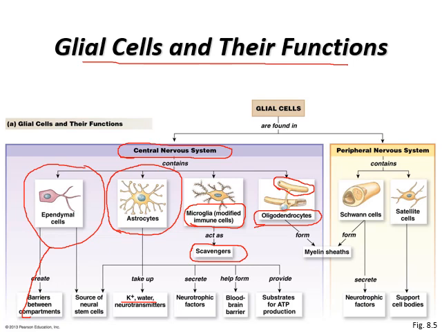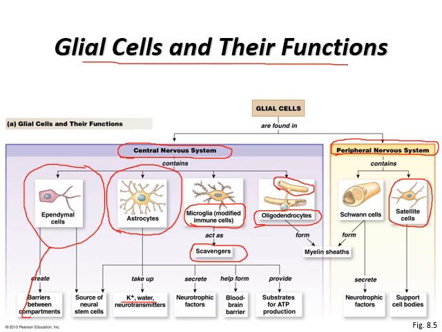There are two others out in the peripheral nervous system, out where those nerves lie. We have the satellite cells, which are like the astrocytes of the central nervous system, the personal assistants out in the peripheral nervous system.